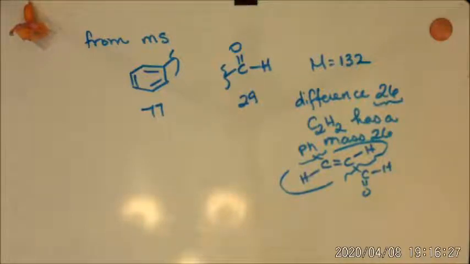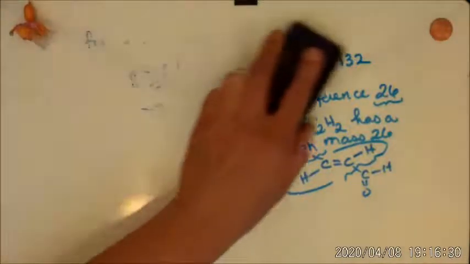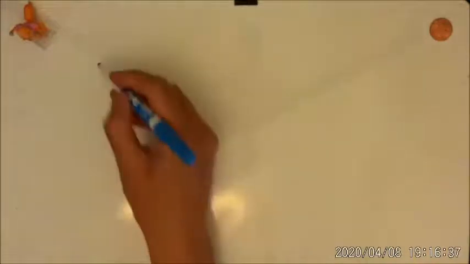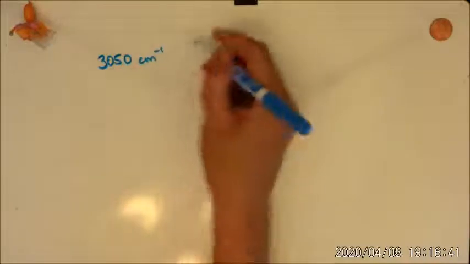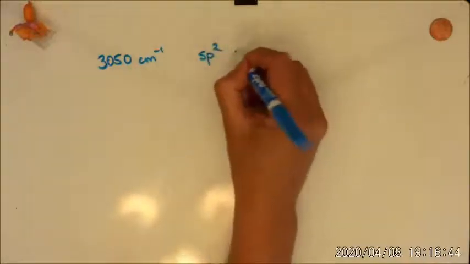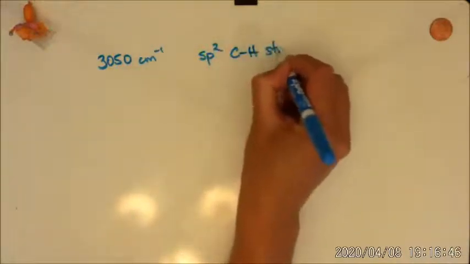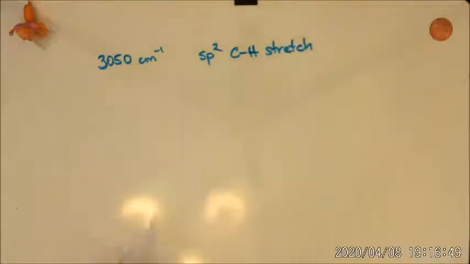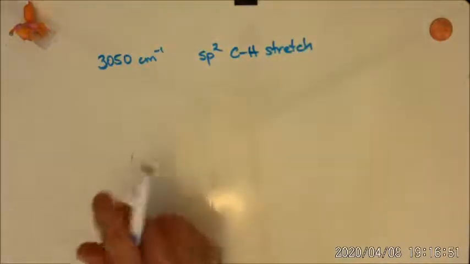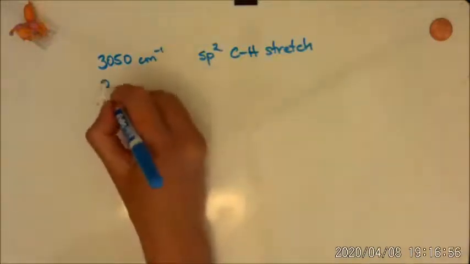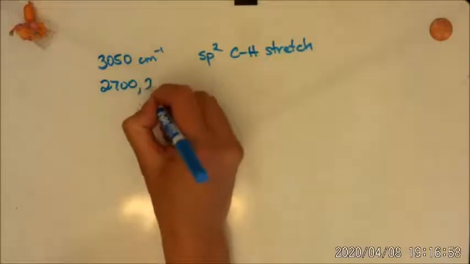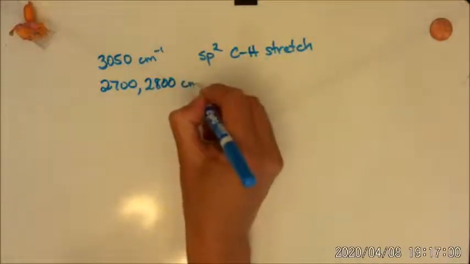The IR, okay, we have to assign a peak around 3050 wave numbers. Well, that's an sp2 carbon-hydrogen stretch. Then we have, oh my goodness, this is gorgeous. Can't tell you how beautiful it is. 2700, 2800 wave numbers.